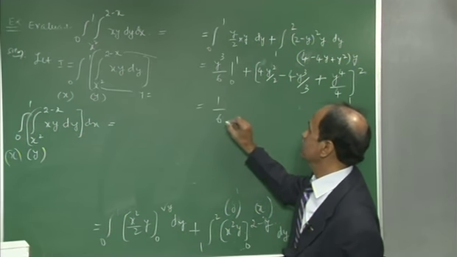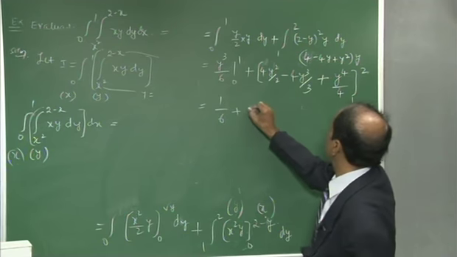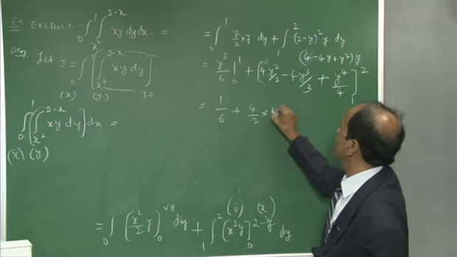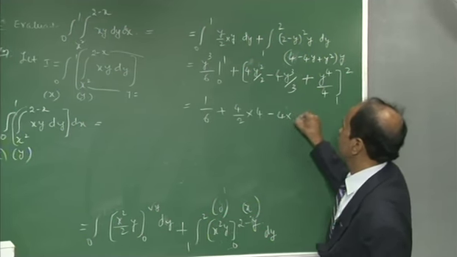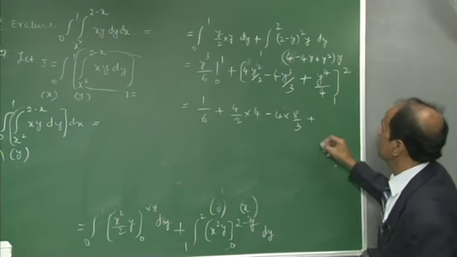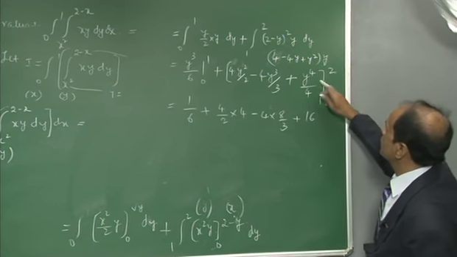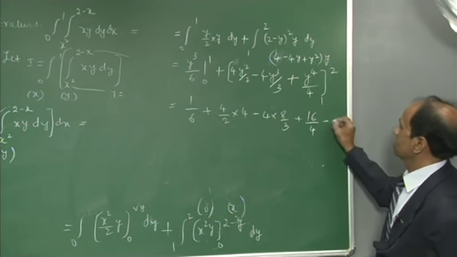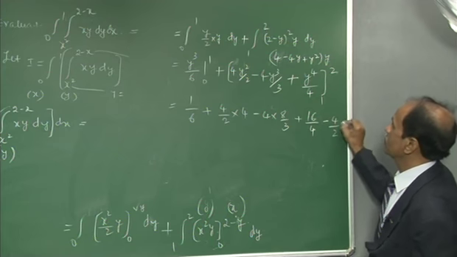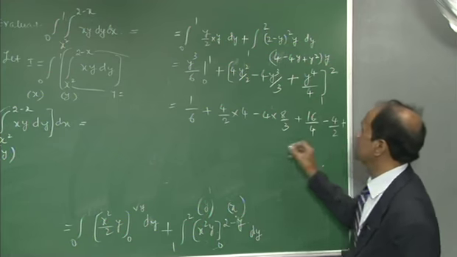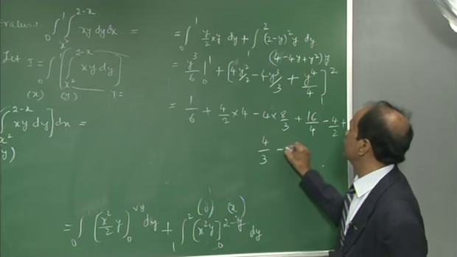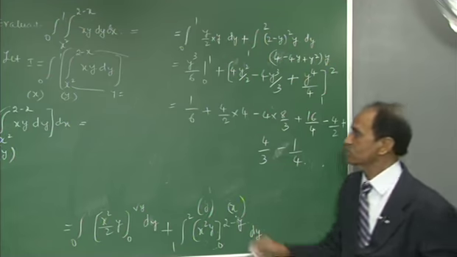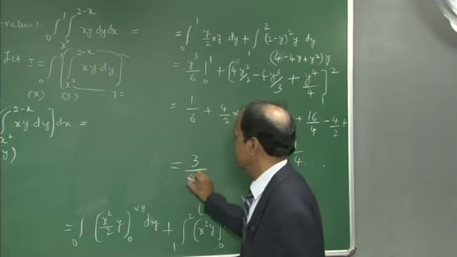Therefore, 1 by 6 plus 2 times 4 minus 4 into 8 by 3 plus 16, 2 to the power 4 is 16, that is 4, and minus 4 by 2 plus 4 by 3 minus 1 by 4. Now you have to simplify. This answer comes to be 3 by 8.